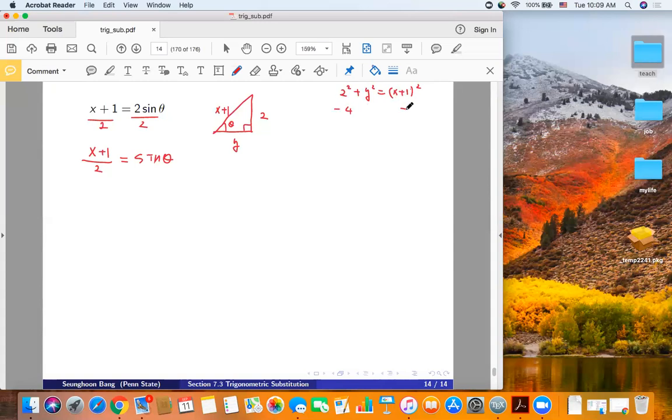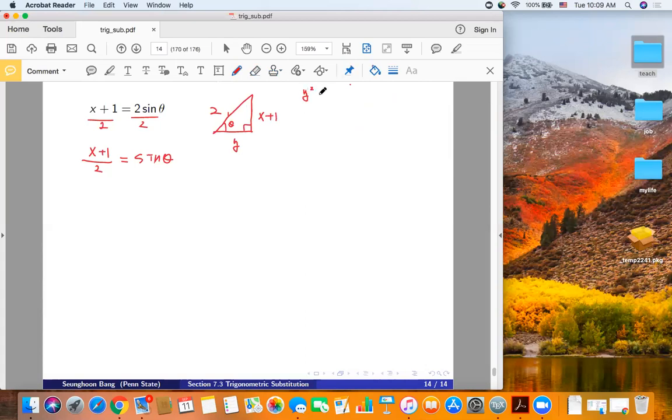Oh, this is the opposite side, sorry about that, I made a mistake. This is not 2, this is not x plus 1. Here, it is x plus 1 over 2. Sorry.